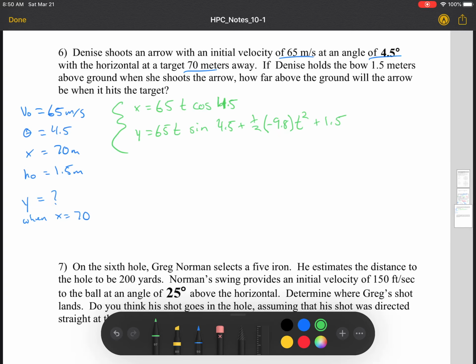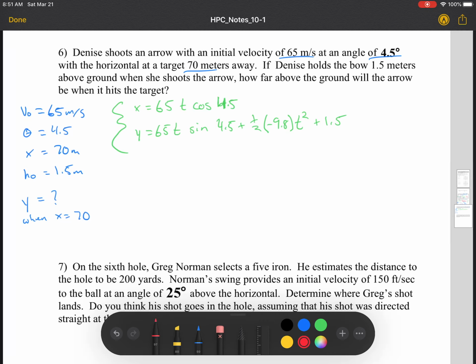Notice I actually have something in there for my h naught, that 1.5. It's not 0. So now we want to find out what our time is. We need to find out what our y is at that distance, so we need to find another variable. We got to find out what our t is at that distance.